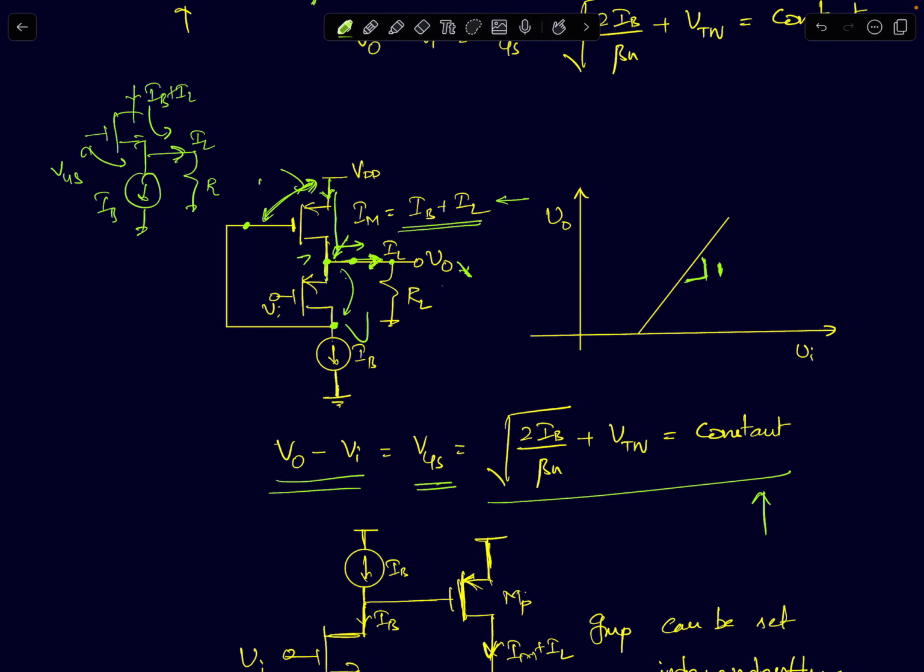Okay, it will increase by delta V to accommodate for the load current. But if you see the source follower device, that VGS is constant. That's not changing at all. And therefore, your V0 will be equal to Vi plus a constant, which is a linear characteristic. So I've gotten a near linear amplifier using this. I'm again ignoring channel length modulation and body effect, but I've gotten a near linear characteristic for a resistive load.